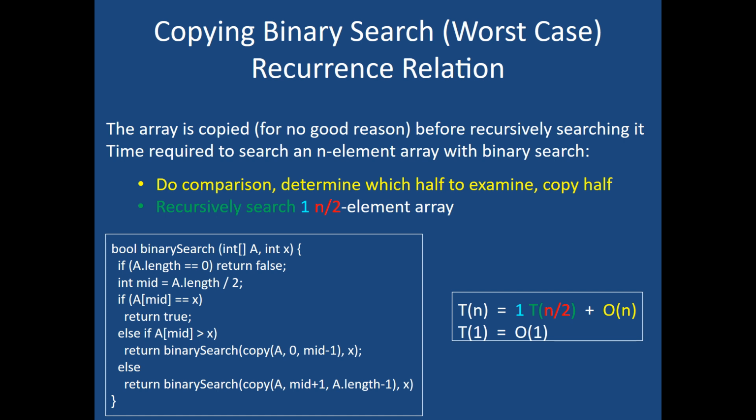Now, what if we changed the rules here and we didn't do the copy? We'd have to add an extra parameter to give the low and high bounds of what to search. But we get rid of the copying. How would that change the recurrence relation? What's that? Instead of adding big O of n, it'd be big O of 1 because we're getting rid of a copy.